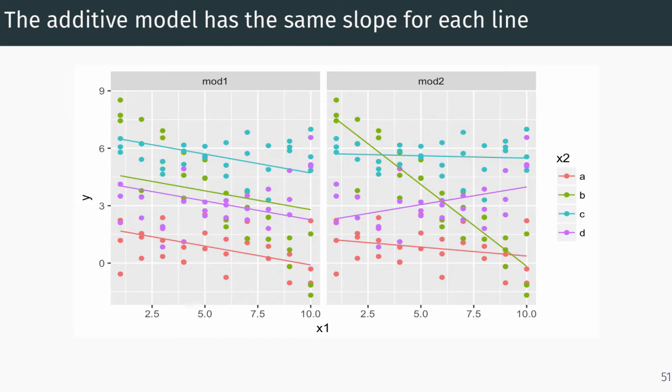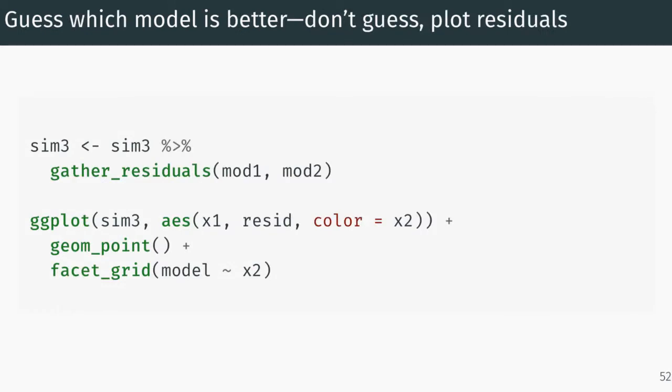So there's the result, and you notice that for the additive model, the slopes are all the same. For the multiplicative model, the slopes are all different. So this indicates interaction between the terms. But we don't know which model is better.